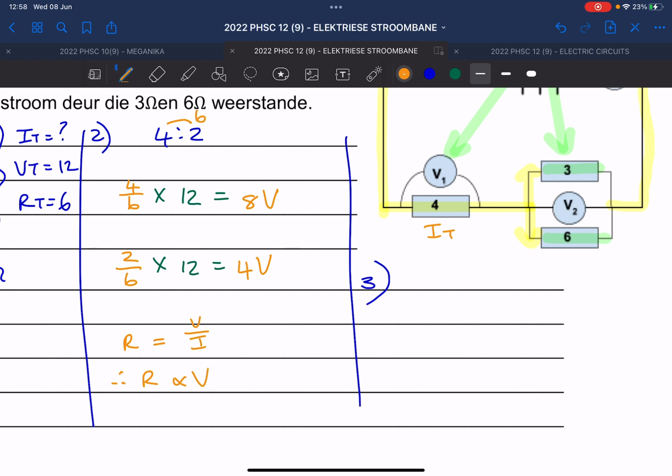Want volts is bo die lyn. So it means the one that has the bigger resistance will have the bigger volts. Smaller resistance, smaller volts. So this is where they do not swap around. Okay, so hierso dit is die volts op V1 en dit is die volts op V2.